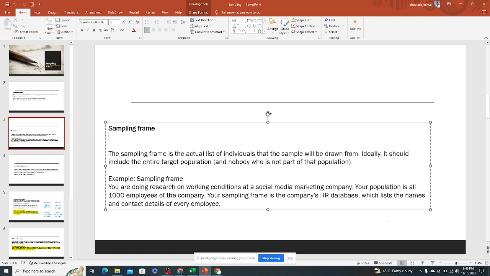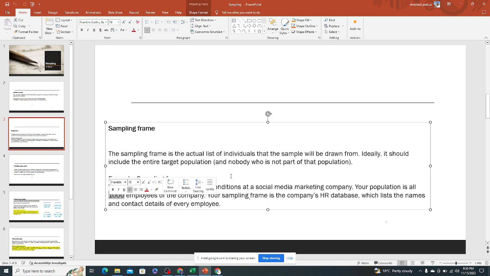Let's say you have a population of 1,000 employees in the company, meaning we have data for 1,000 employees kept by the HR department. Our sampling frame is the company's HR database, which is the list and contact details for all 1,000 employees.